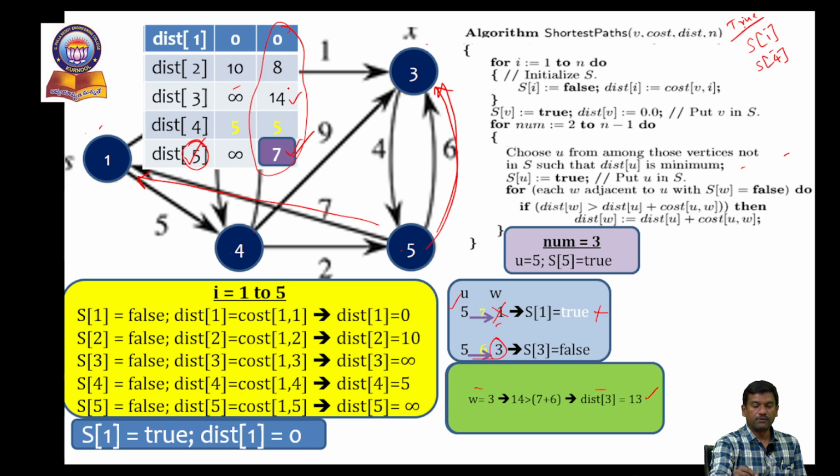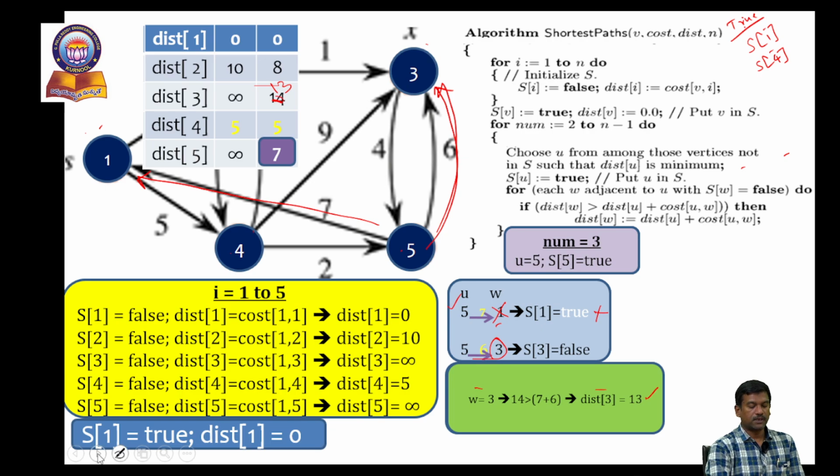Previously, it was 14. Now, in your next iteration, if it is minimum, then include it. If it is not minimum, you don't have to include that value in the distance matrix. So w value is equal to 3. Distance of 3 equal to 13. So the distance of 3 is updated with the new value, that is 13.